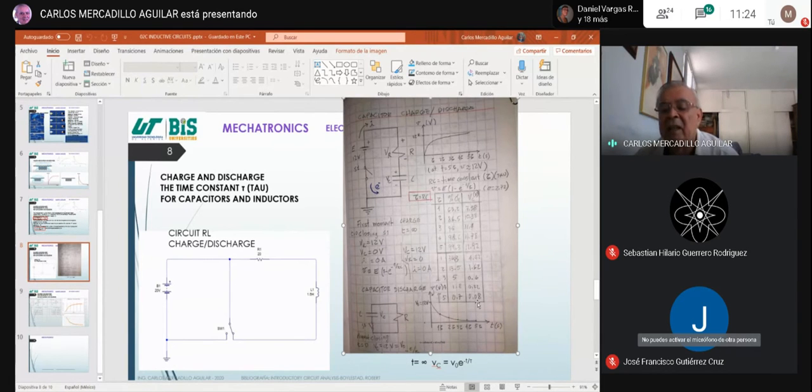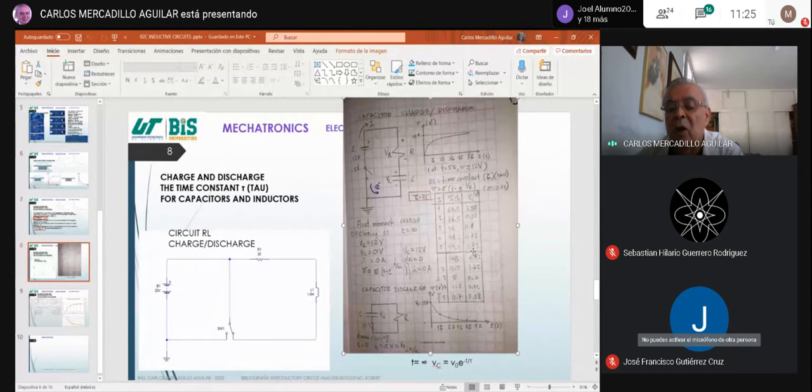That is 80 millivolts. 80 millivolts is not 0 volts, but it's a very, very low voltage in comparison with 12 volts.